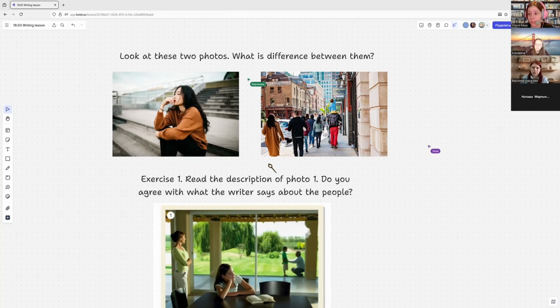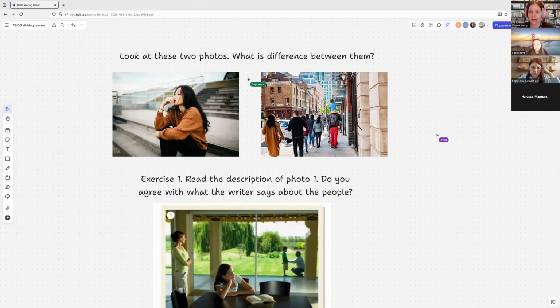So, sometimes when we talk about photos and when we describe them, we can talk about the photos like here on the left, where people are posing, the photo is prepared, and every detail is considered in advance. But sometimes we also describe photos which are not that prepared.